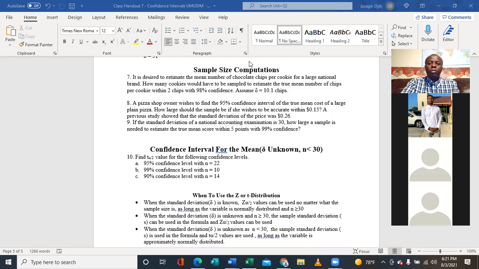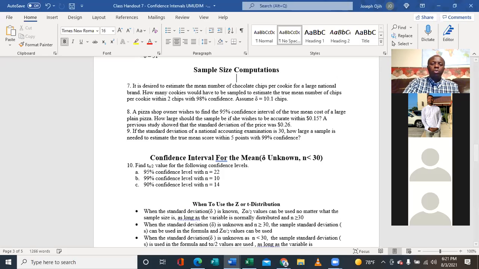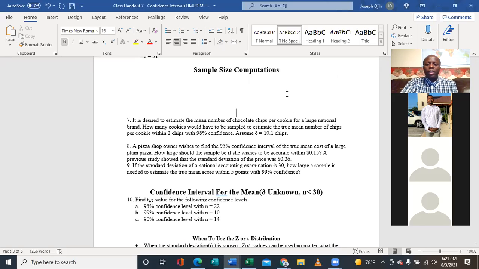So most times what we do is select a sample that represents the population, then study the sample, then use the sample to make generalizations about the population of interest. So the question remains, how do you select a sample size that will truly represent the population?